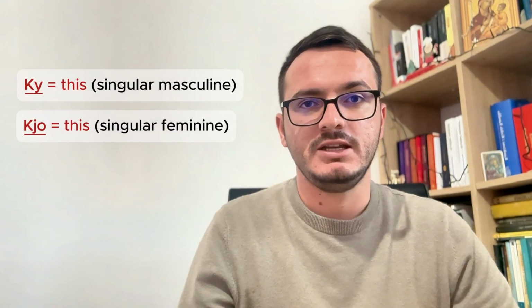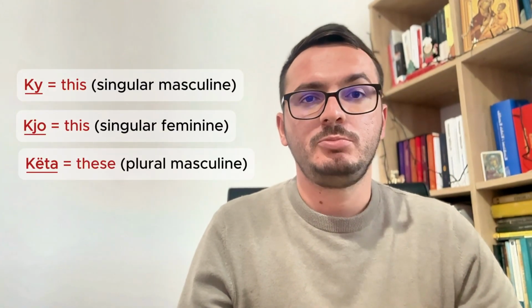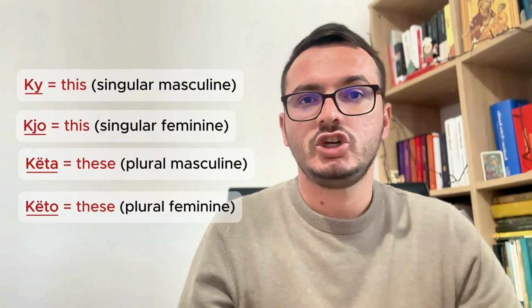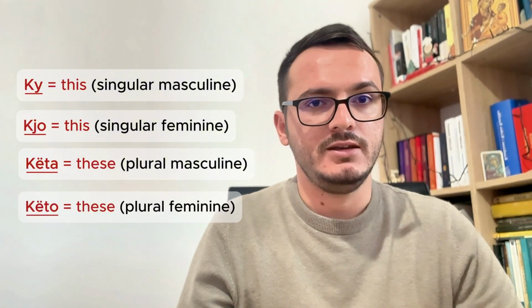So to summarize, when you want to express closeness to the speaker, we have ky for singular masculine, kjo for singular feminine, këta for plural masculine, and këto for plural feminine.